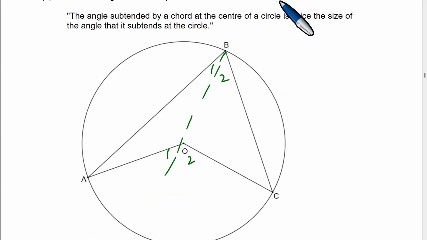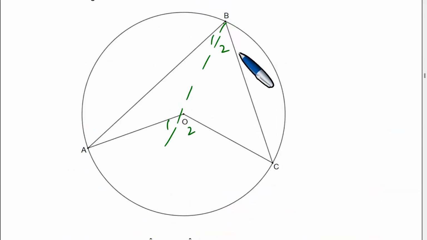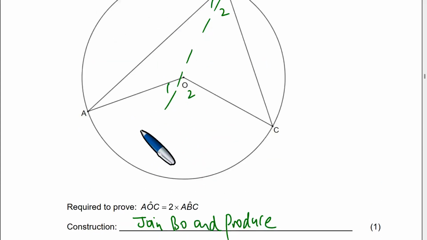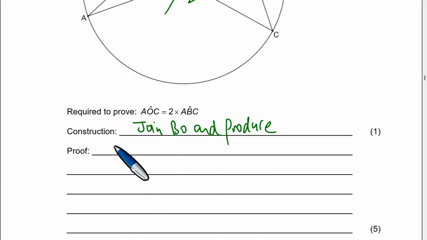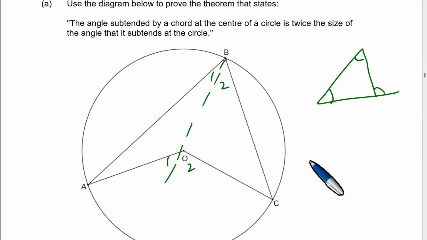The construction is you must join BO and produce. Angle O1 is B1 plus A. O1 is B1 plus A, the exterior angle of a triangle, because from grade 10 we're taught that the exterior angle of a triangle is equal to the sum of the interior opposite angles.